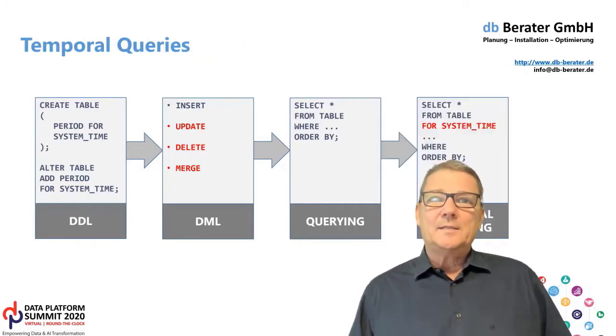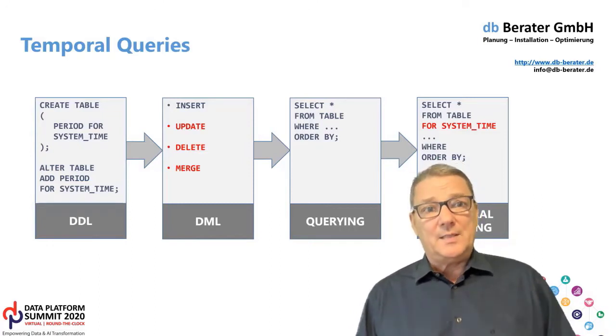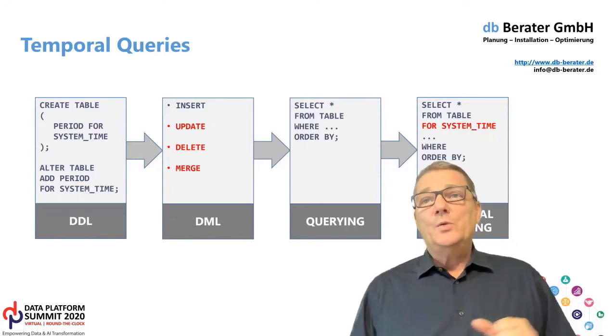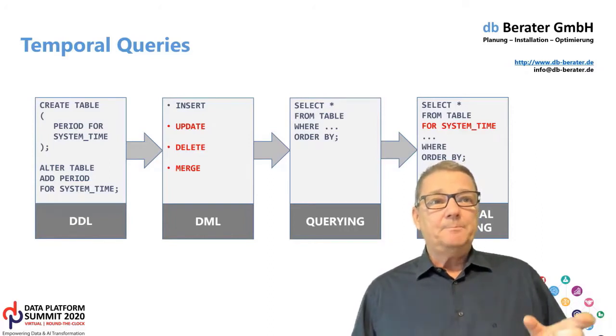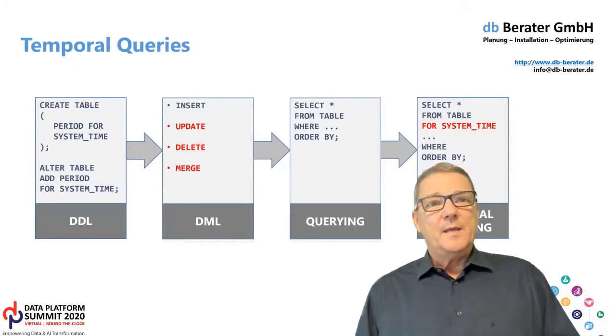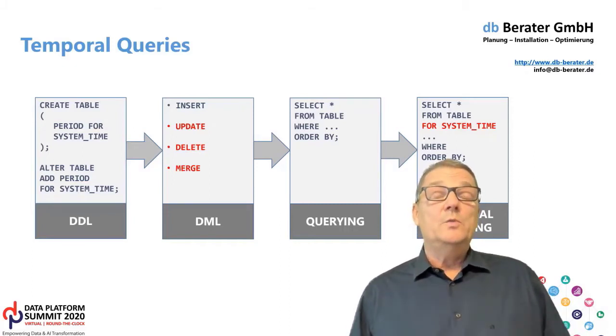When you want to access the history data, you use a special syntax just for the table you want the history data from. Run a select statement from a table with the dedicated wording FOR SYSTEM_TIME, and then you define the period for the history data you want.